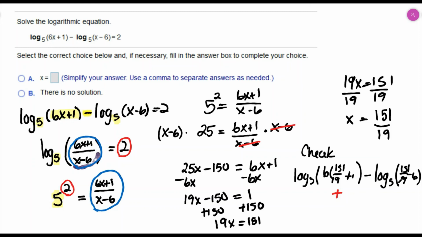So all I need to do is see if 151 over 19 is greater than 6. And that is about 7.9. 7.9 minus 6 would come out to be a positive. So we're going to be able to keep this value. So that would be my solution, 151 over 19.